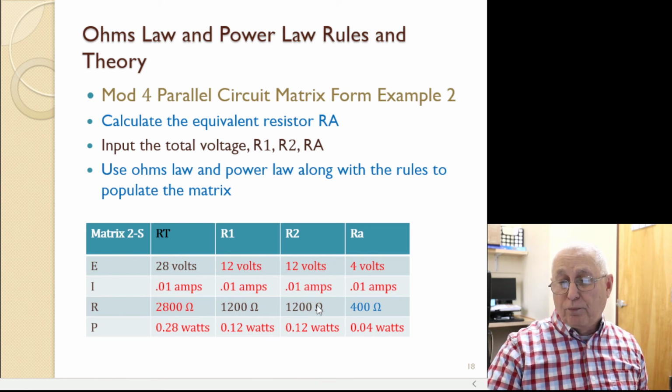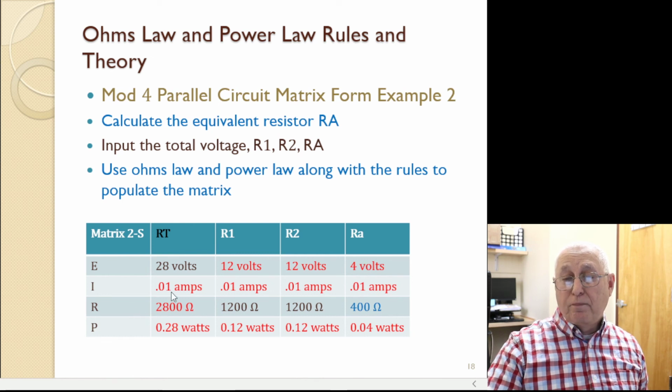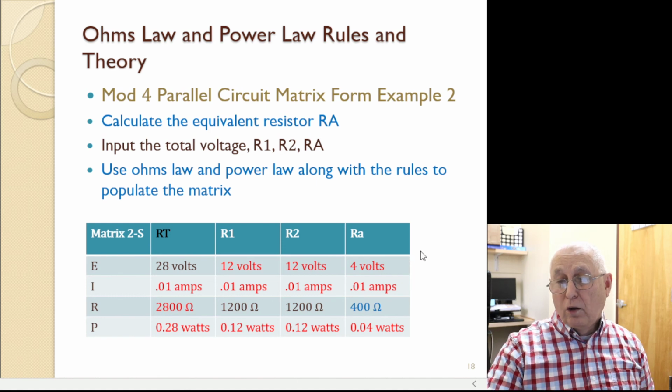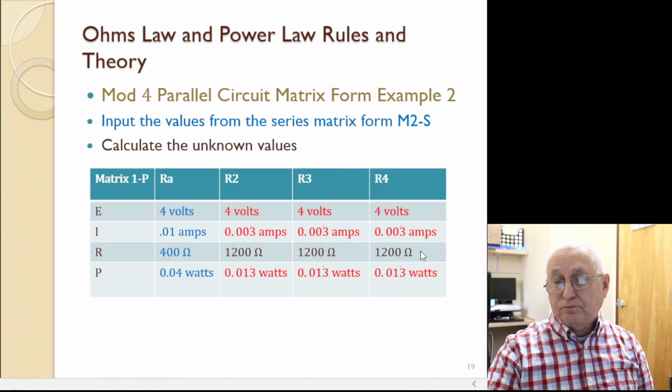The same here, 0.01 times 1200 equals 12 volts. 0.01 times 400 ohms equals 4 volts. My power is I times E on all of them, and it will give us 0.28 watts, 0.12 watts, 0.12 watts, 0.04 watts.